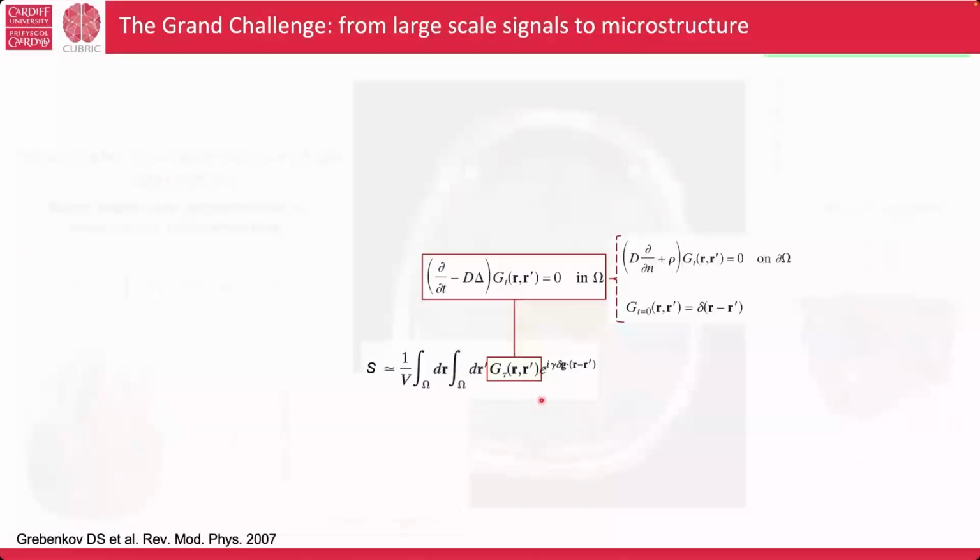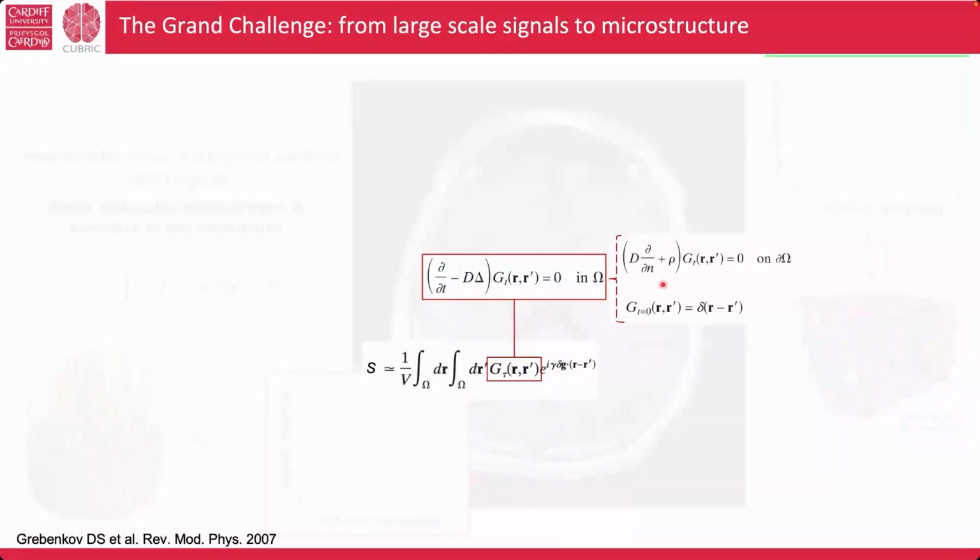This probability density function for diffusion MRI comes from the solution of the diffusion equation. And if you would like to solve this equation analytically for any given geometry omega, you need to know what the boundary conditions are to this partial differential equation.